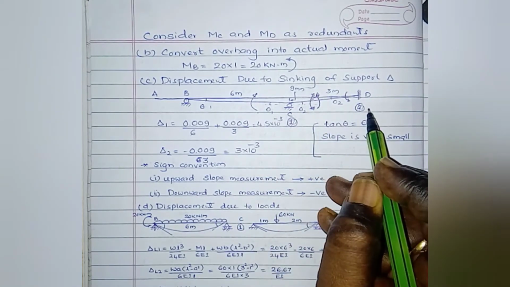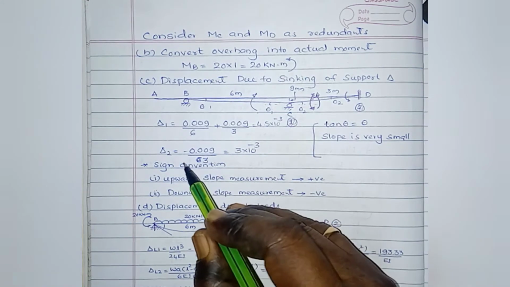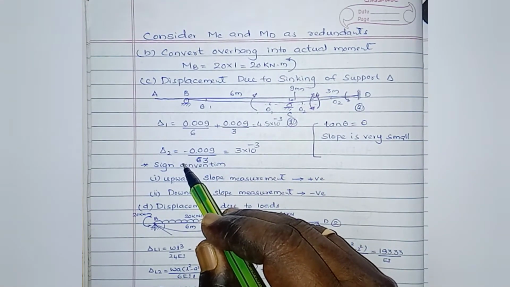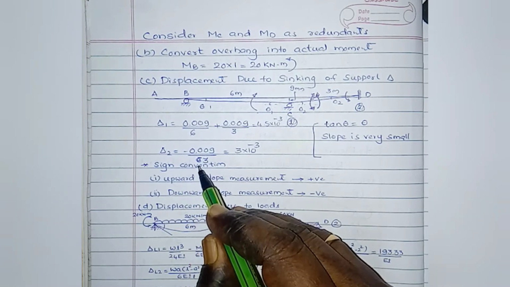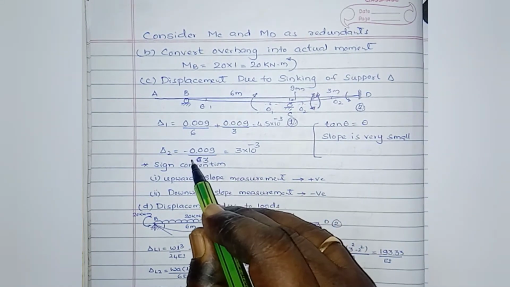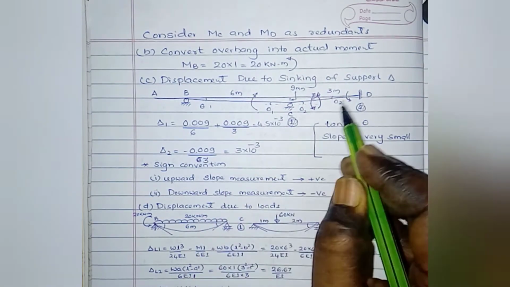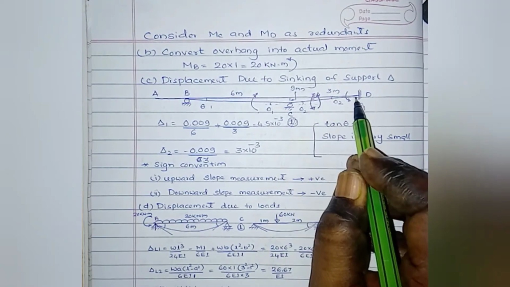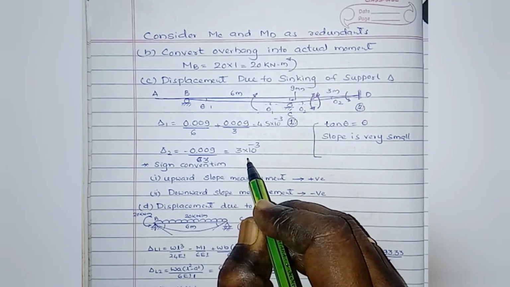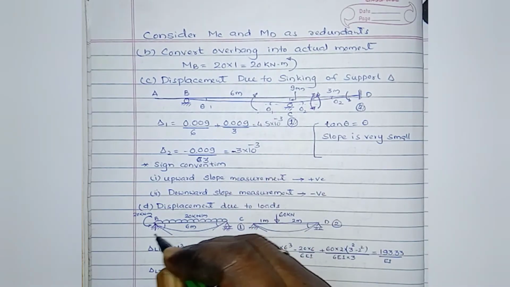For this at coordinate 2, there is a settlement, that is the effect of that settlement, that is delta 2, or the displacement due to the settlement delta 2 at coordinate 2, that one is downward, that is negative, minus 0.009 divided by 3, that is opposite side divided by adjacent side, that equals 3 into 10 to the power of minus 3.